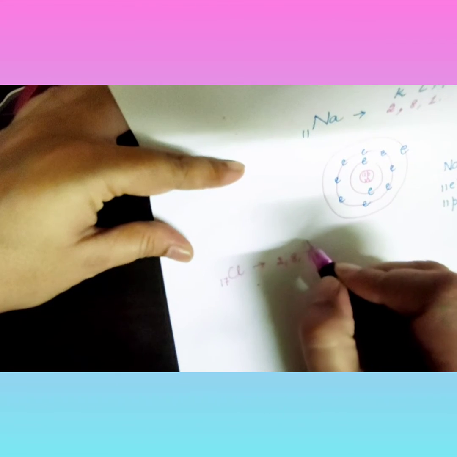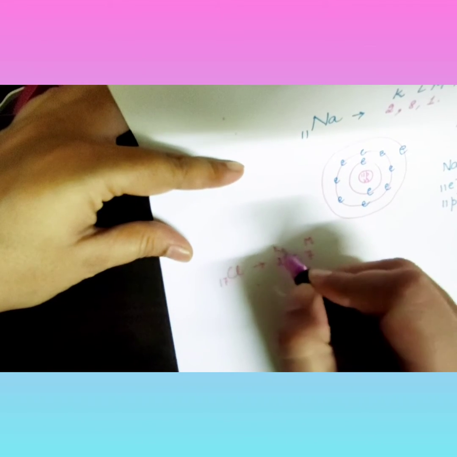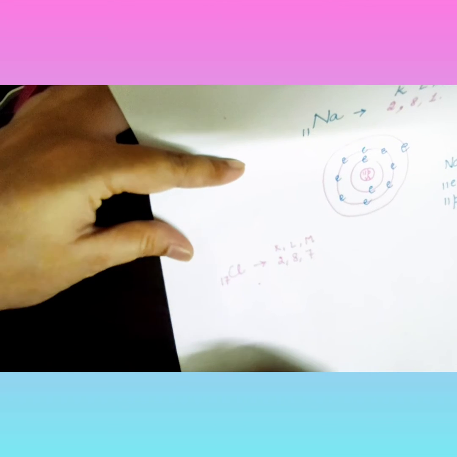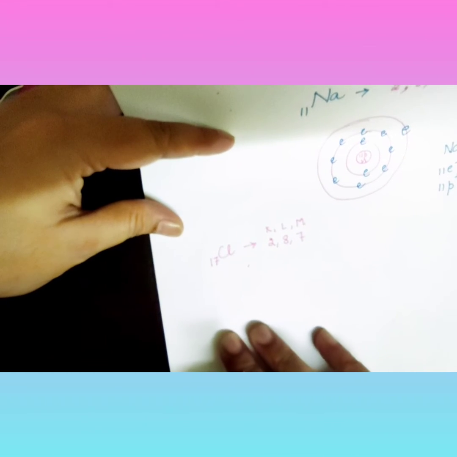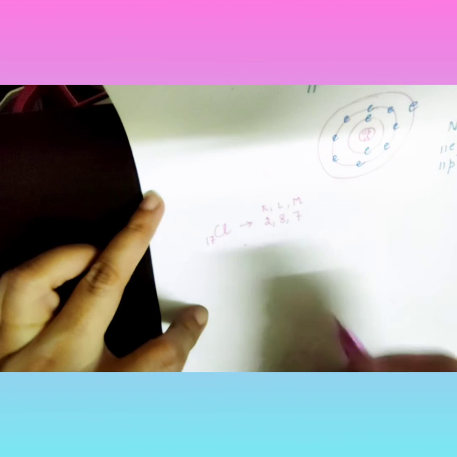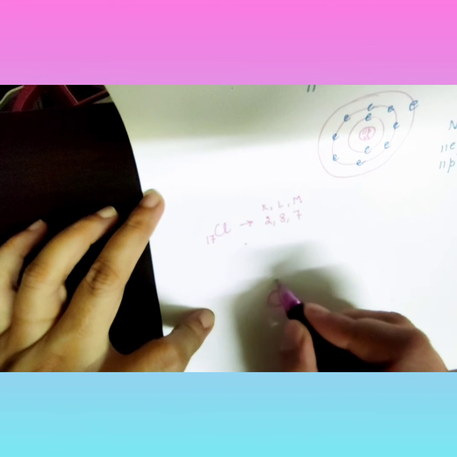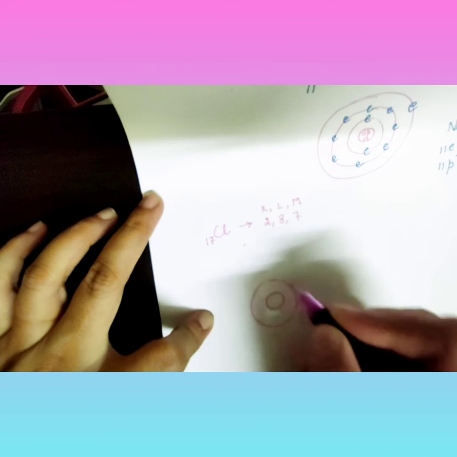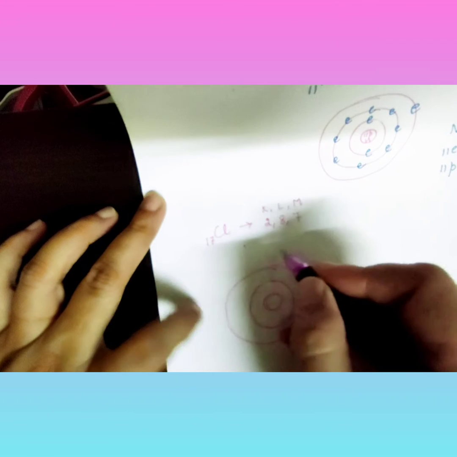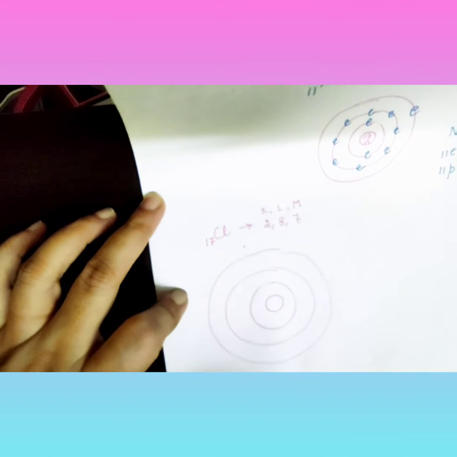So it is having K, L, M. It is having 7 electrons in its outermost shell. Let's make its atomic structure. At the center we have nucleus, first shell, second shell, third shell.